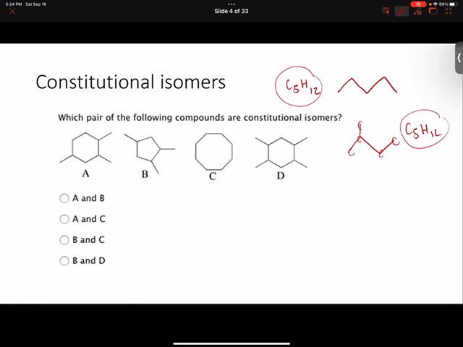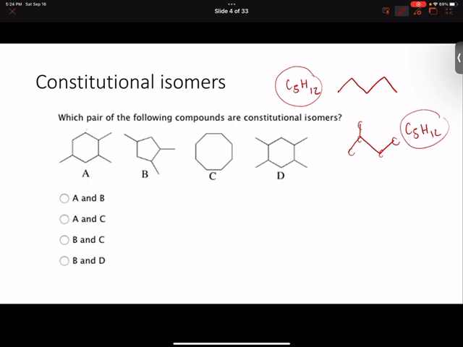So that's mainly what constitutional isomers are. They have the same molecular formula, but they have a different arrangement. So what I normally do for this type of problem is count the number of carbons it has, and most of the time that's going to tell you whether they have the same molecular formula or not.